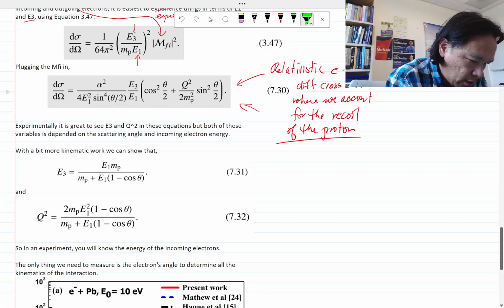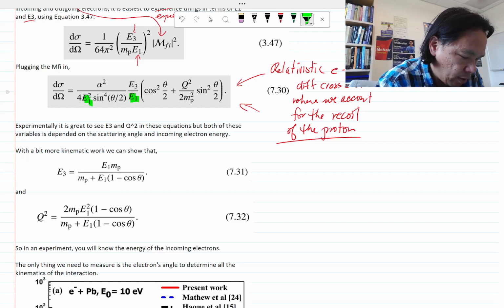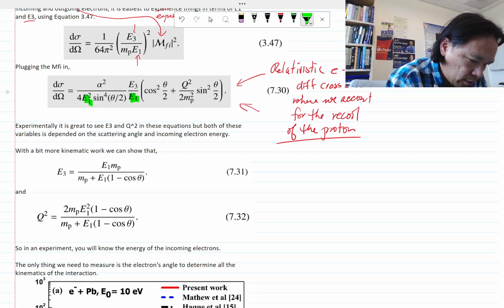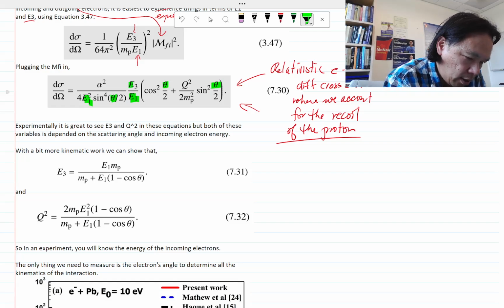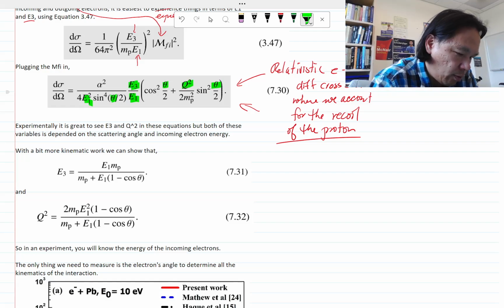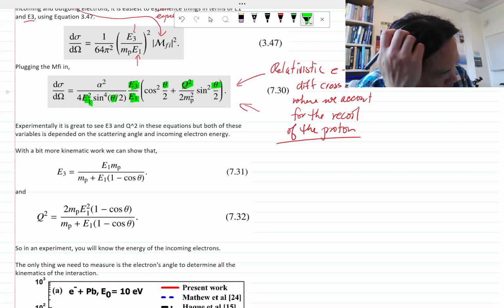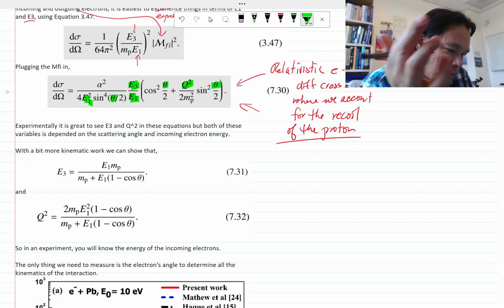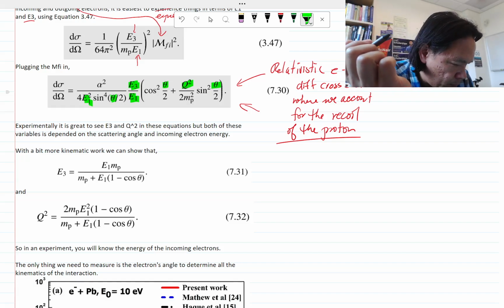Okay, so I'm going to highlight this little equation here. You notice that this equation depends on E's. There should be another E over here, and also more thetas over here, E3, and then also Q. The rest is constant. Alpha is a constant, mass of the proton is constant, cosines are just functions.